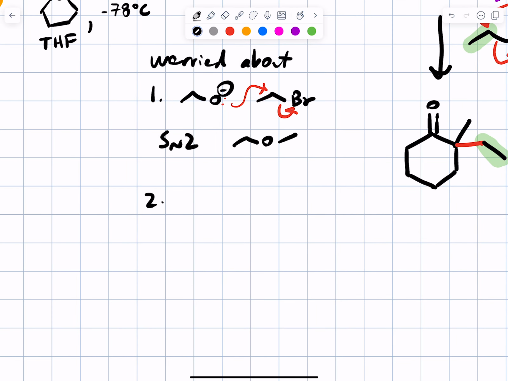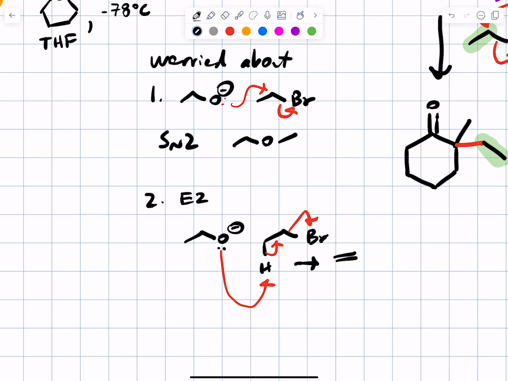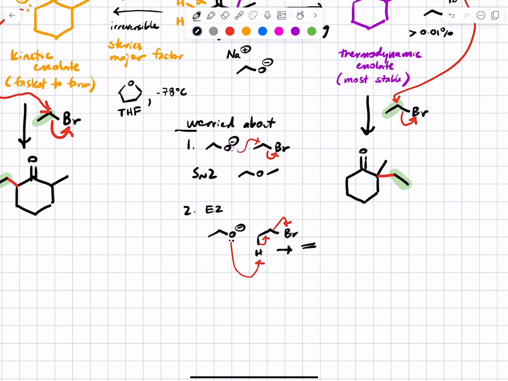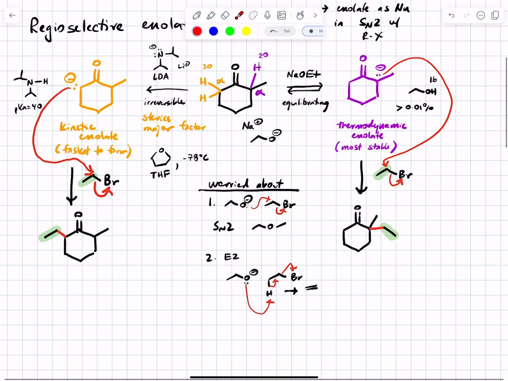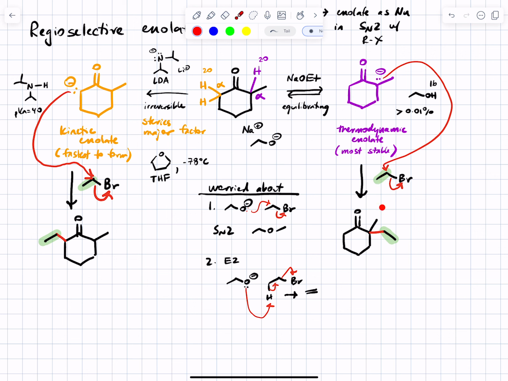The other thing you are potentially worried about is a competing E2 reaction where your base can deprotonate the alkyl halide to create an alkene. And again, this would prevent your base from doing what it's supposed to do. So these are some concerns, especially when you try to do equilibrating enolate formation.